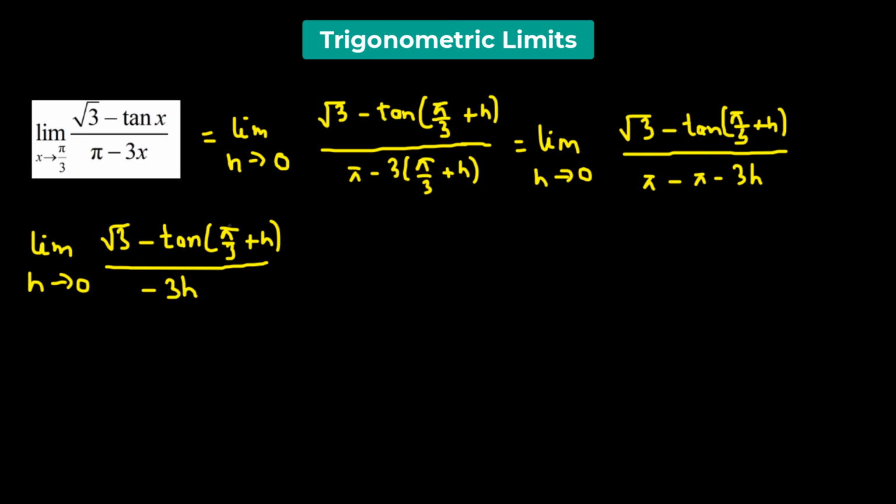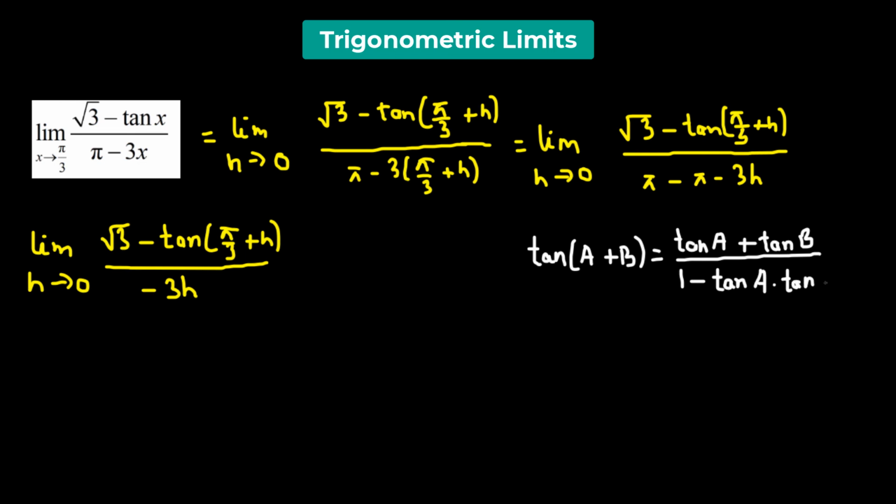Now we're going to expand tangent of pi over 3 plus h in the numerator. We can use the identity that tangent of a plus b is equal to tangent of a plus tangent of b, divided by 1 minus tangent of a times tangent of b. So let us use this.